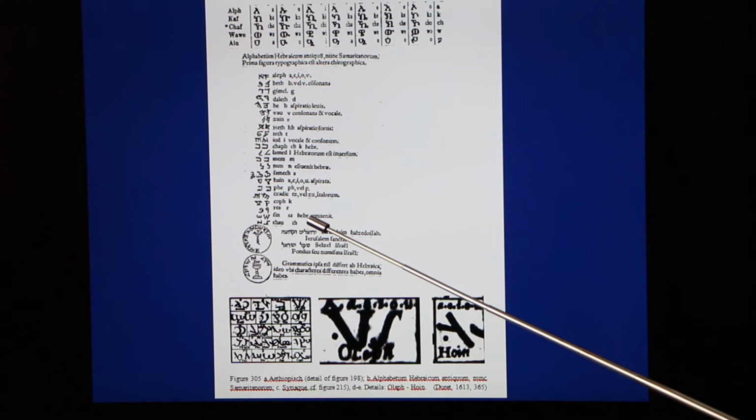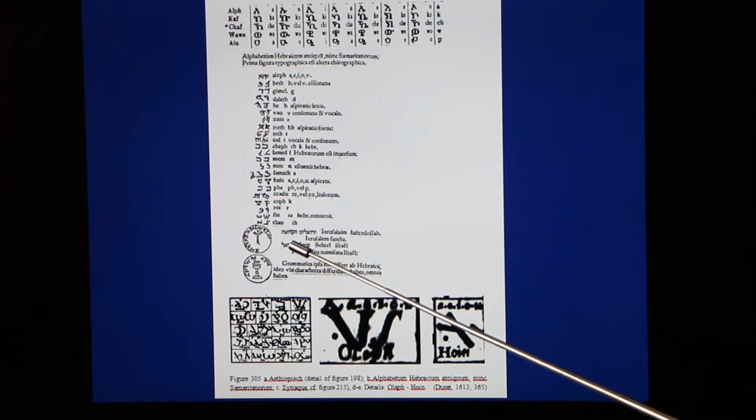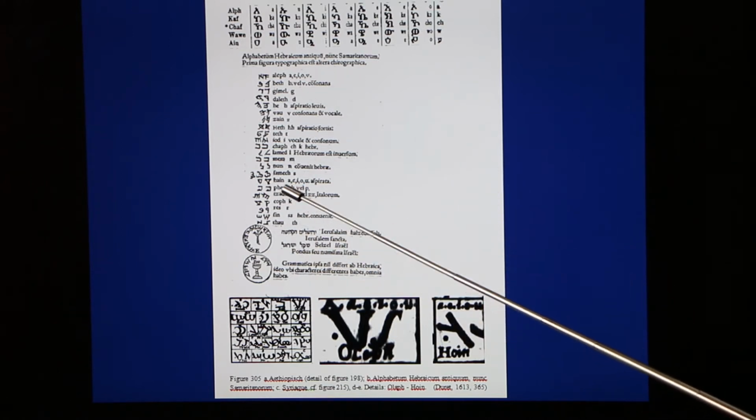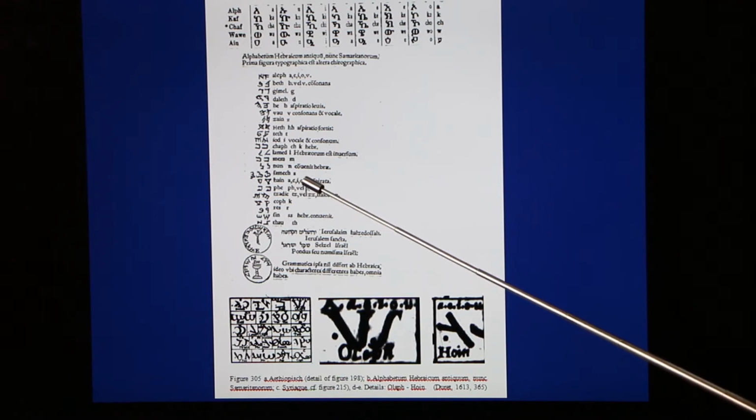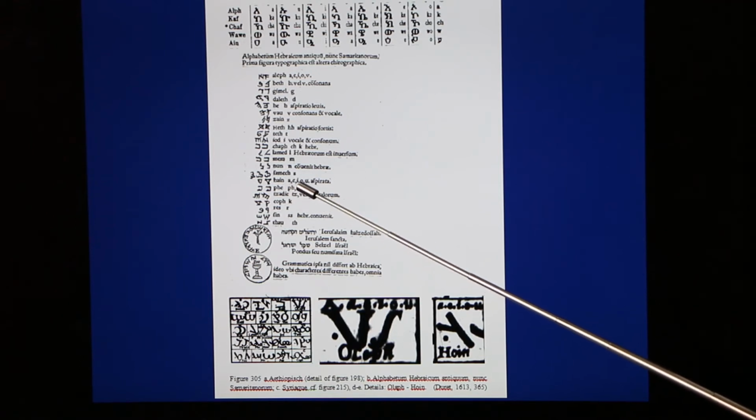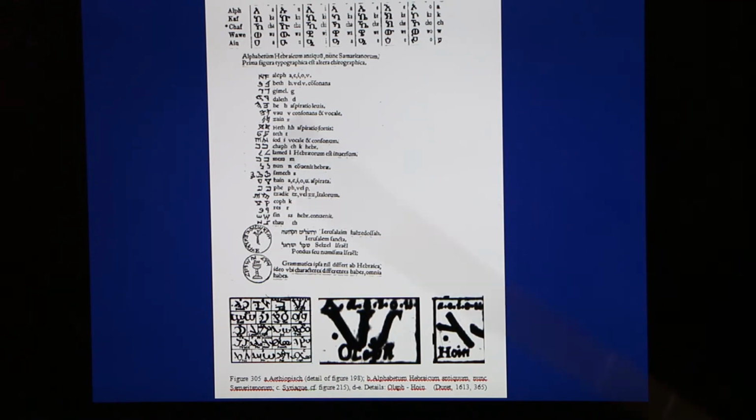And if we go down to Rein, which is here, yes, it says A, E, I, O, U aspirate. So we're back to our A in Rein.